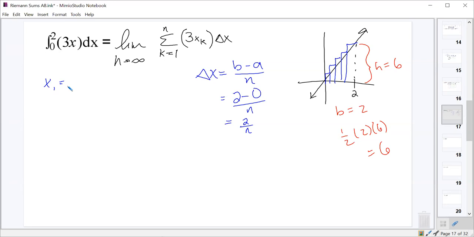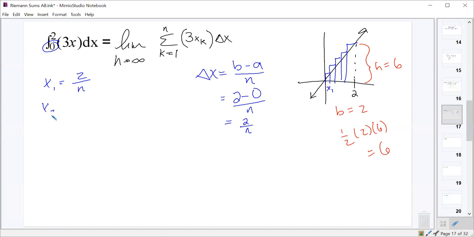X sub 1 is just how far over I go from x equals 0 before I go up to find the height of that first rectangle. So how far over do I go? What is the width from 0 to this value x sub 1 right there? 2 over n. Yeah, I just went over the width of one of those rectangles, right? I went over delta x, which is 2 over n.